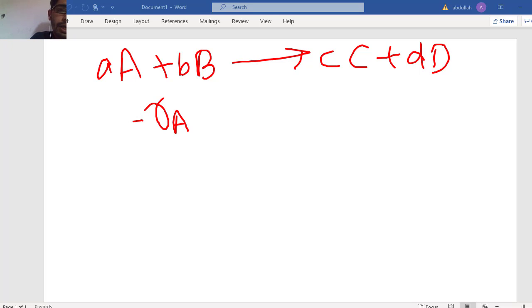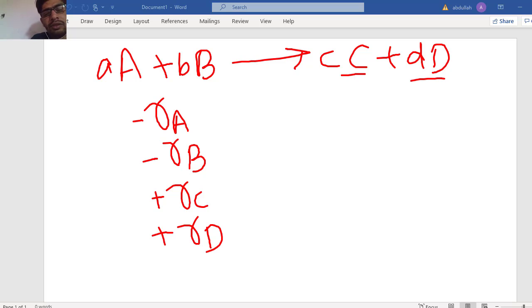Similarly, the rate of disappearance of reactant B will be denoted by minus R_B. The rate of appearance of product C will be denoted by R_C, and the rate of appearance of product D will be denoted by R_D.